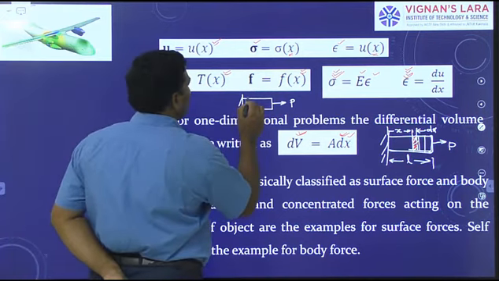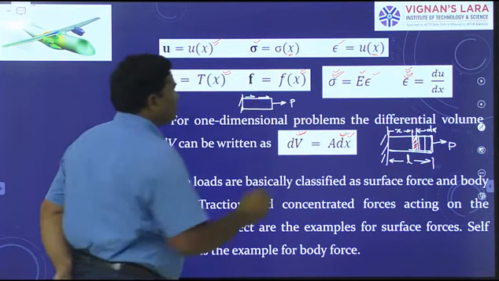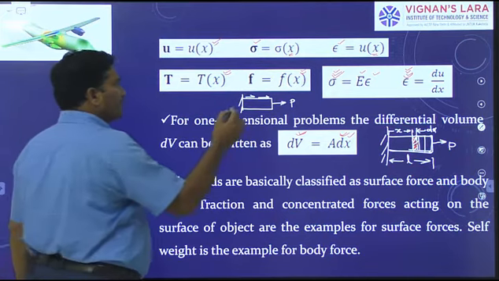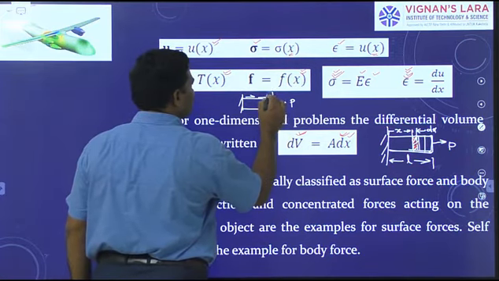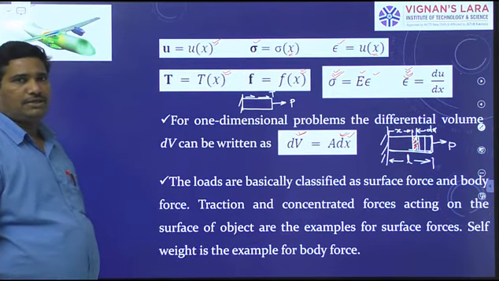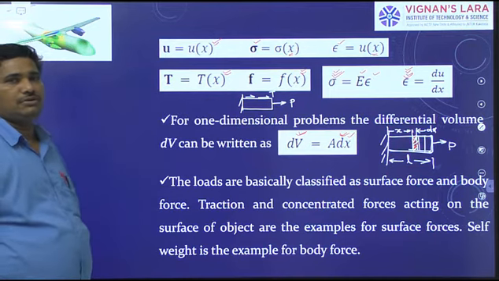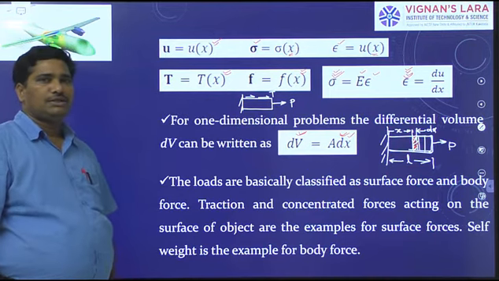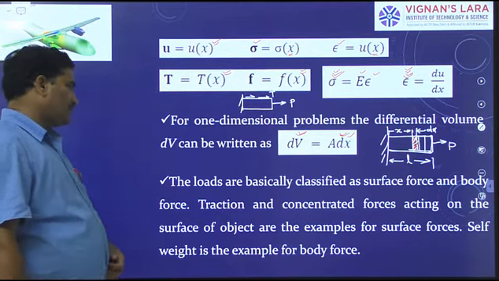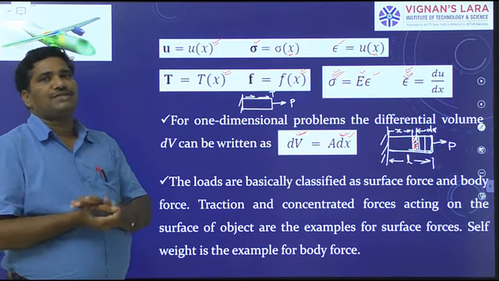Next, if the traction is applied on the surface of the member, it is also considered as the surface force. That is the traction, right? And surface friction is also another example for surface force. And what are the examples for body forces? The example for body force is self-weight.